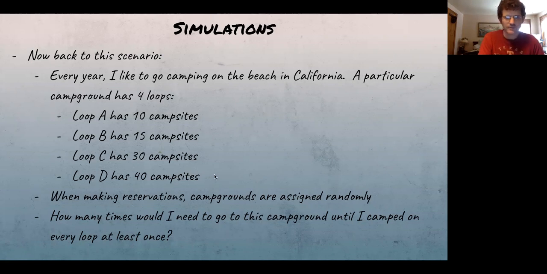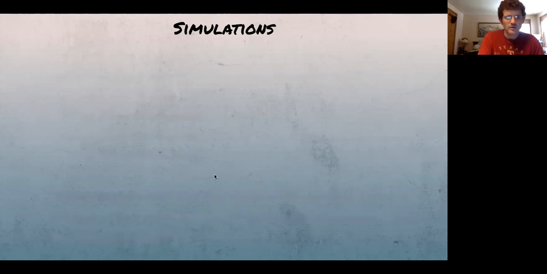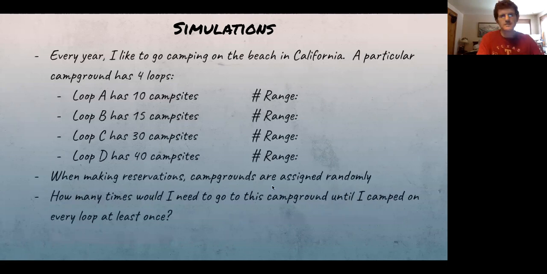randomly get a campsite. All right, so look at this, and maybe this will help guide your thinking. This number range right here, what if we thought of each of these campsites as a numerical outcome from a random number generator? So how could we kind of set that up?